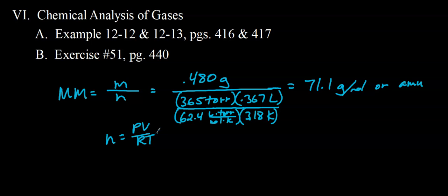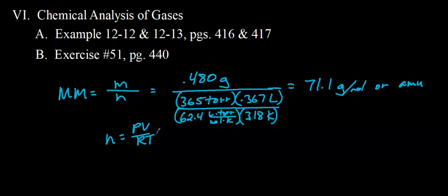So what is the possible identity of this gas? When it says suggest the identity of the element, this is some gaseous element. So what has a molar mass of about 71 grams per mole? If we look in the periodic table, you might think, I don't know, germanium or gallium.